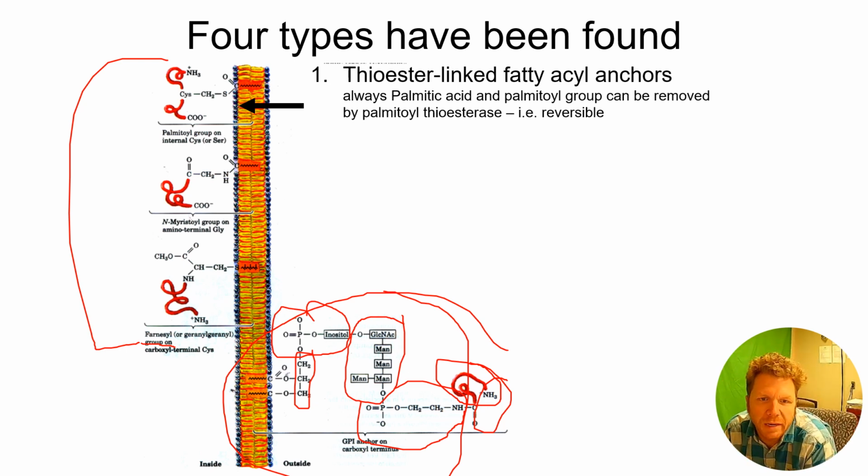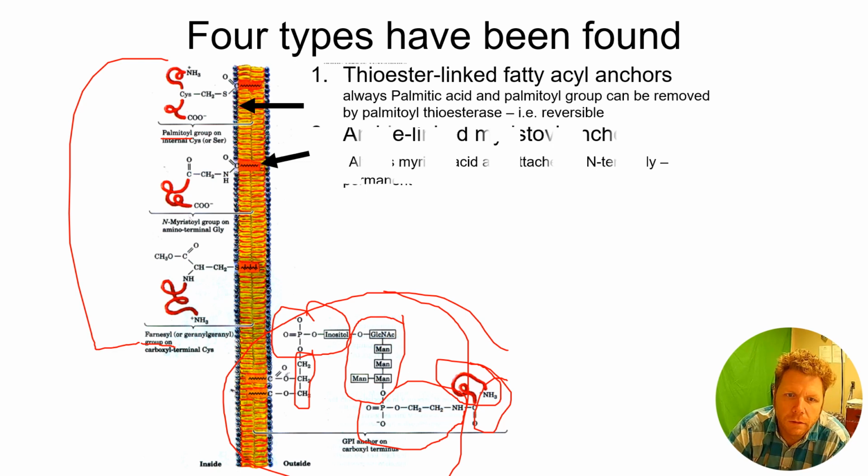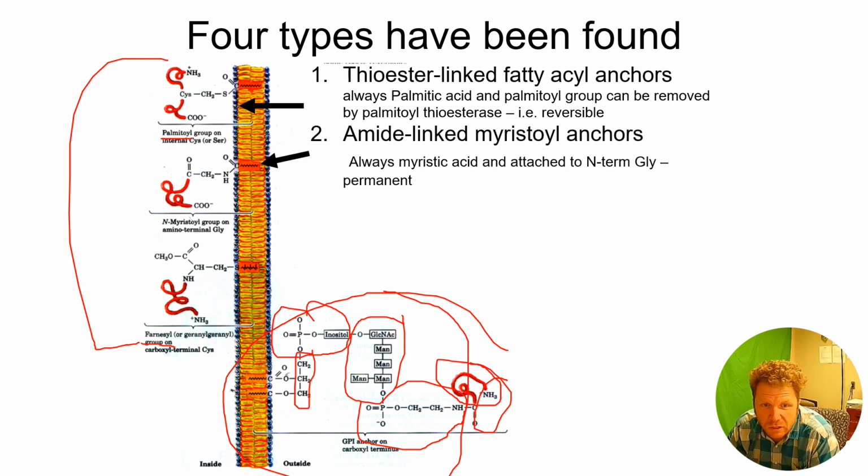You can also have palmitic acid, which is a fatty acid. Palmitic acid can be added to a cysteine or a serine residue. And whenever that's linked to a cysteine or a serine residue, it's a thioester-linked fatty acyl anchor. Amide-linked myristyl anchors. Myristic acid is another fatty acid. So if I remember correctly, palmitic acid is, I think, 18 carbons long, and myristic acid, I think, is 16 carbons long.